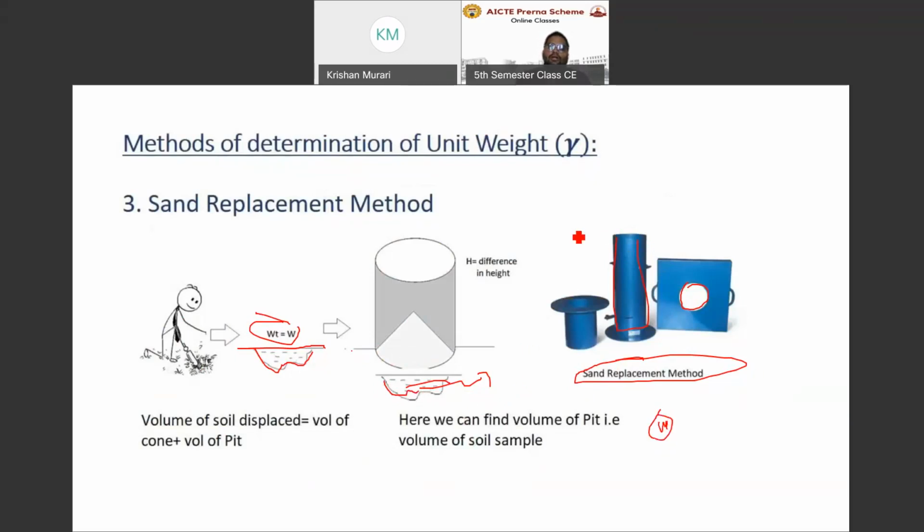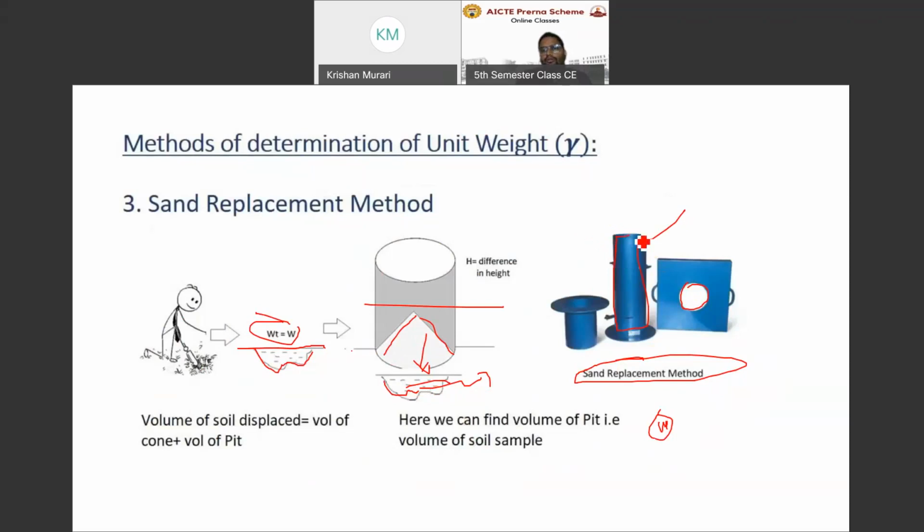On the other hand, we have some standard sand, and the standard sand is poured in that hole. How much sand is poured into that extracted area is calculated as follows.